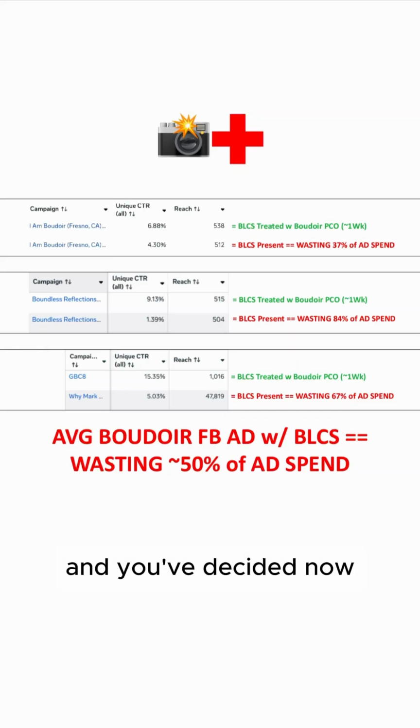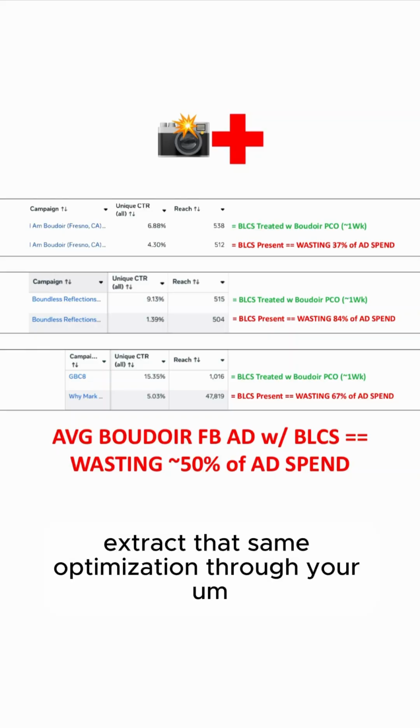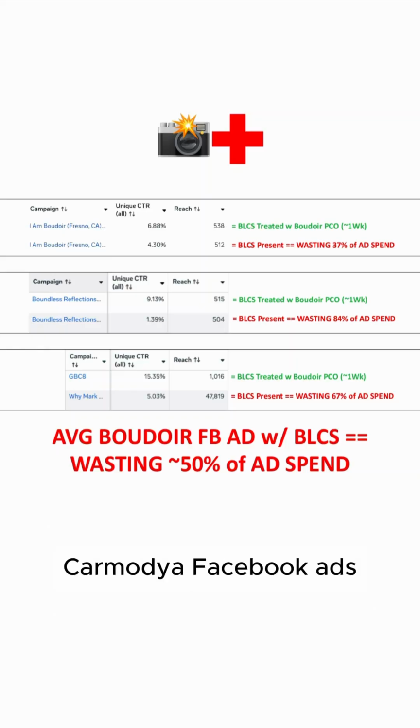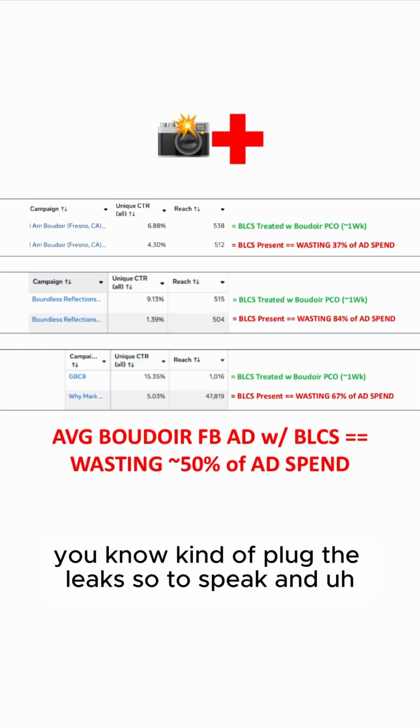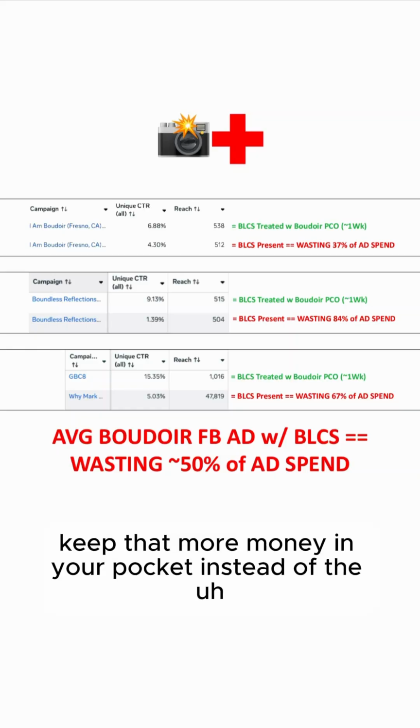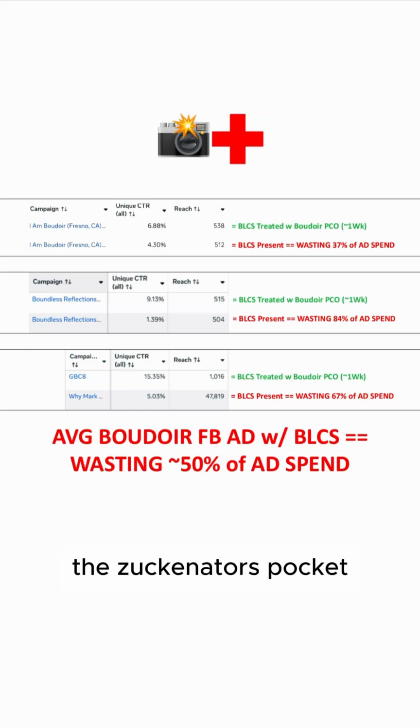And you've decided now you want to extract that same optimization through your current boudoir Facebook ads, and plug the leaks, so to speak, and keep more money in your pocket instead of the Zuckinator's pocket.